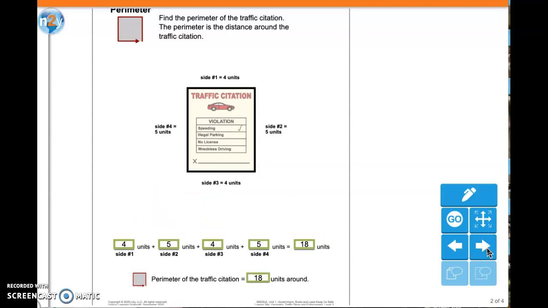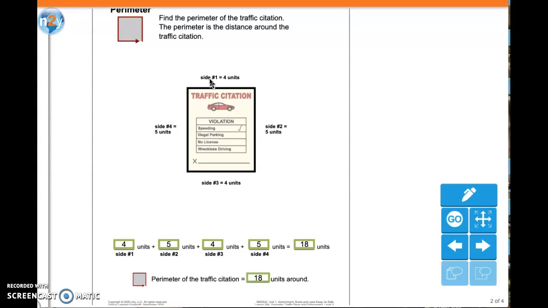So yours might look a little bit different. So the next one, we can add them all up. Yours might look like this and have color-coded parts. So this one is orange, side 1 goes down here. So if you had it like this, it's just a different level. Okay, so everyone might have something a little bit different. So this one, they aren't color coded, which is fine.